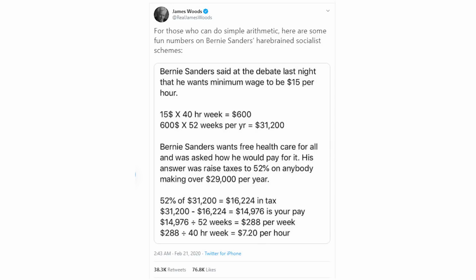You need to earn $10 million per year to get to Bernie's 52% marginal tax bracket. You can also simply apply critical thinking and say, does it pass the sniff test that someone earning 29 grand a year would be paying a 52% marginal tax rate? And the answer is, of course, no.